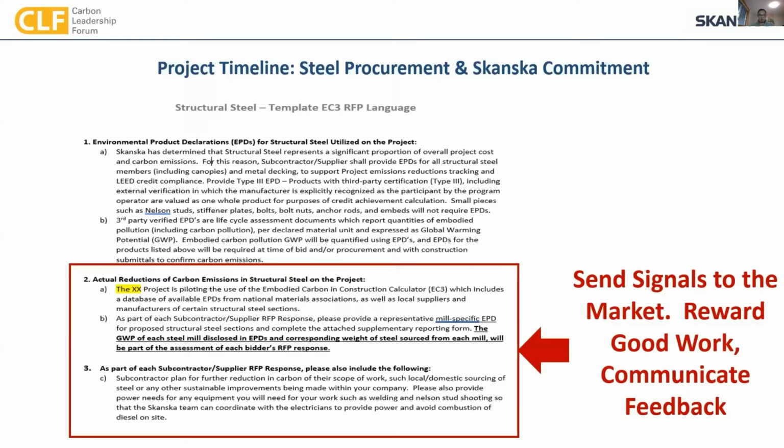Come 2022, I plan to write into this template language something about asking for alternate pricing for the EPD product offering. We want to incentivize suppliers and manufacturers to do that good work, and at the same time communicate feedback, which we'll get to in the next slide, to companies that aren't doing as much.